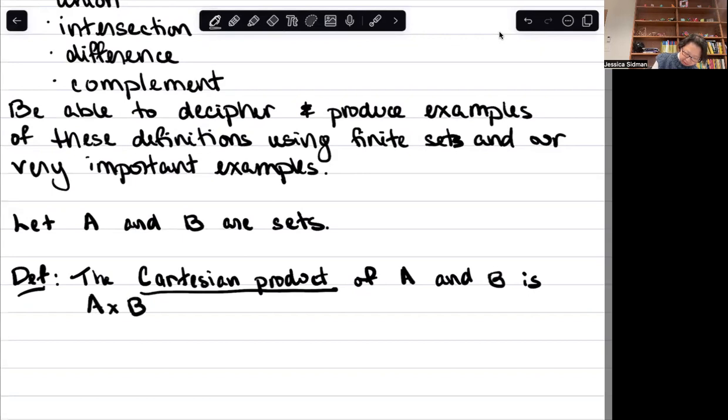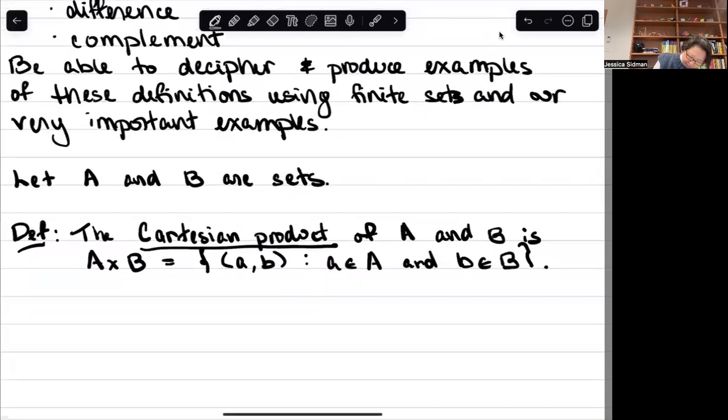So it's A cross B, and it's the set of all ordered pairs where the first element has to be from set A and the second element has to be from set B. So it's the set of ordered pairs (a, b), where a is in A and little b is in B.